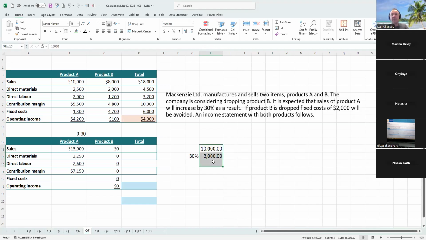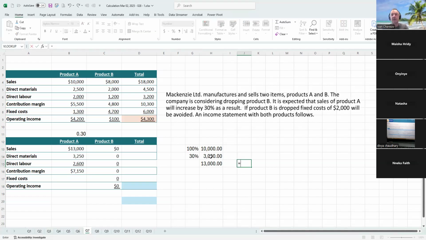So 3,000. How much is the total now? 13,000. How can I get the 13,000? This one is 100%, and this one is 30%. 100% is 1, and 30% is 0.3.